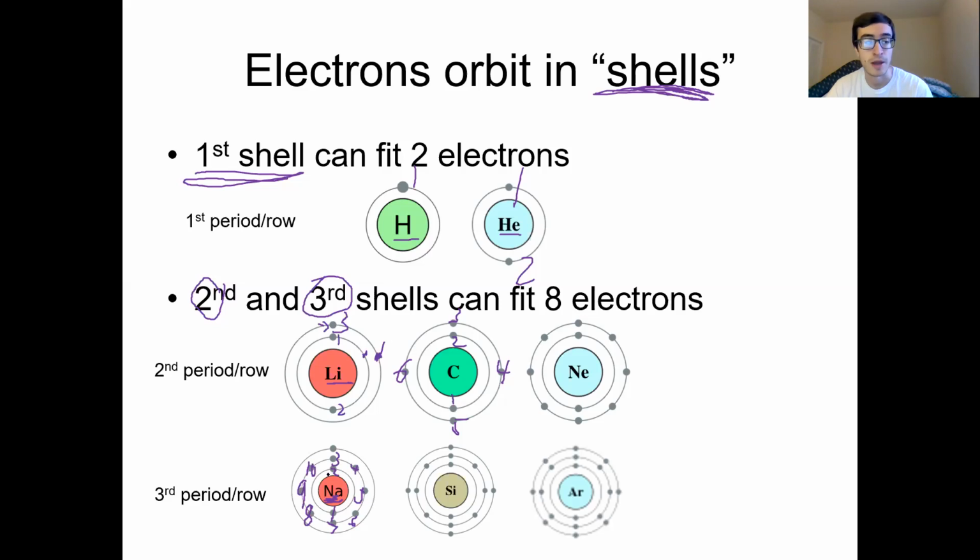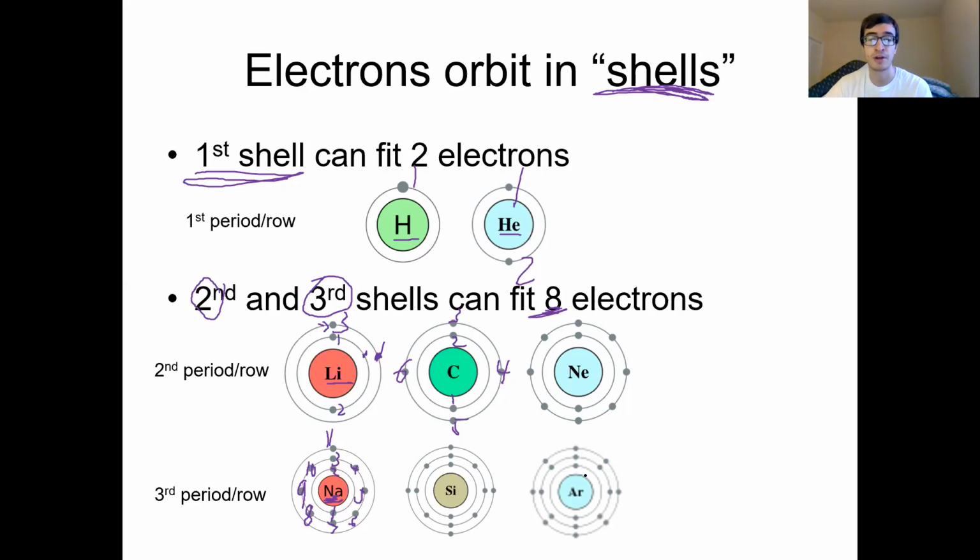But now we have 2 on the first shell and 8 on the second shell, 10 electrons total, and that second shell is completely full because only 8 electrons can fit. So electron number 11, we have to go out to shell number 3. So that's how we start putting electrons on the third shell. If they have over 10 electrons, then we have to start putting electrons on that outer third shell.